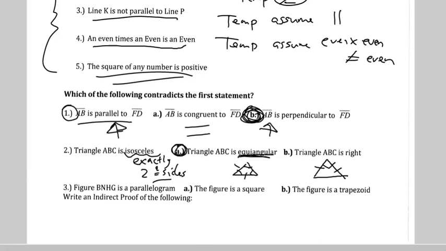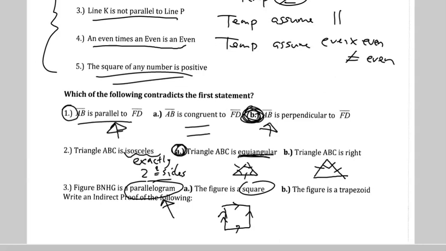The next figure is a parallelogram. Which one is going to contradict it? Is it impossible for it to be a parallelogram and a square? Parallelogram just means both pairs of opposite sides are parallel. If I drew a square, oh, wait a second.